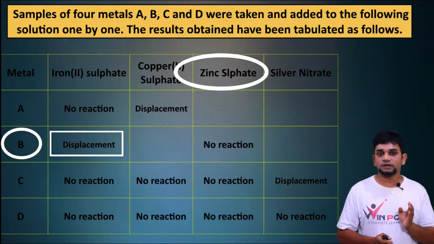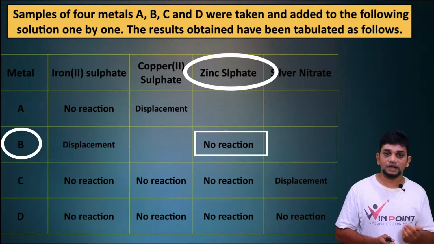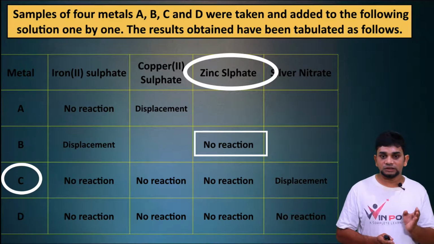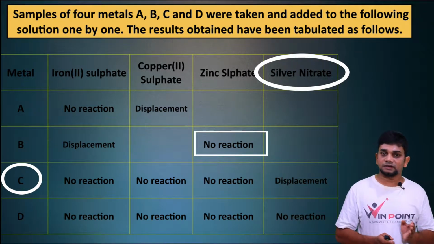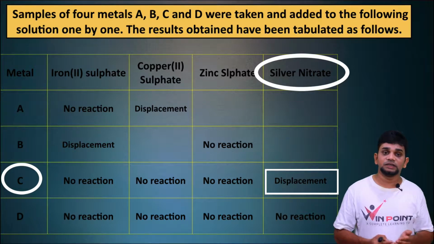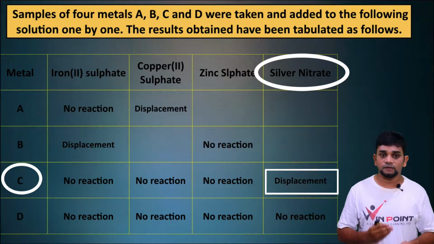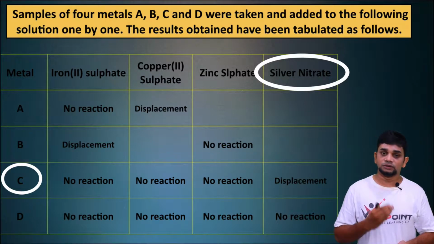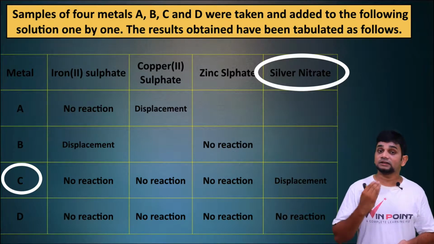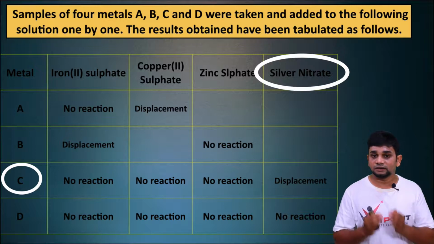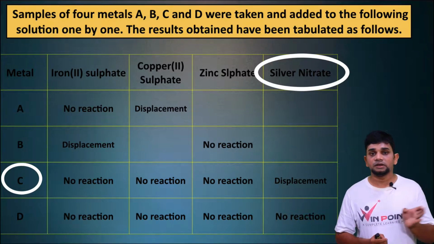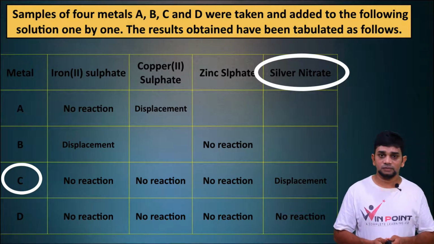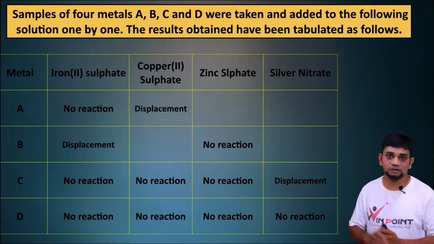When we add B to zinc sulphate, there is no reaction. When we add C, only silver nitrate gives a reaction. C with iron sulphate, no reaction. C with copper sulphate, no reaction. C with zinc sulphate, no reaction. C with silver nitrate, there is a reaction. And D is not giving any reaction in any of the solutions. This table is given in this question.